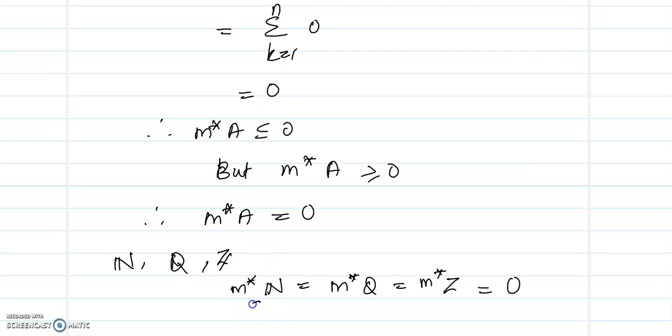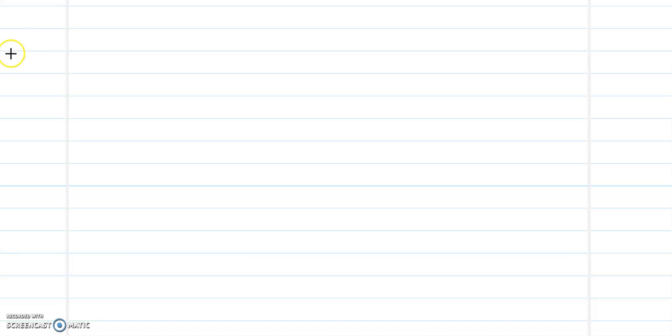Again by this result, if you have a finite set A equal to the set 1, 2, 3, so this is a finite set, in this case n star of A will be equal to 0. So if you have a countable set or if you have a finite set, then the outer measure will be equal to 0.